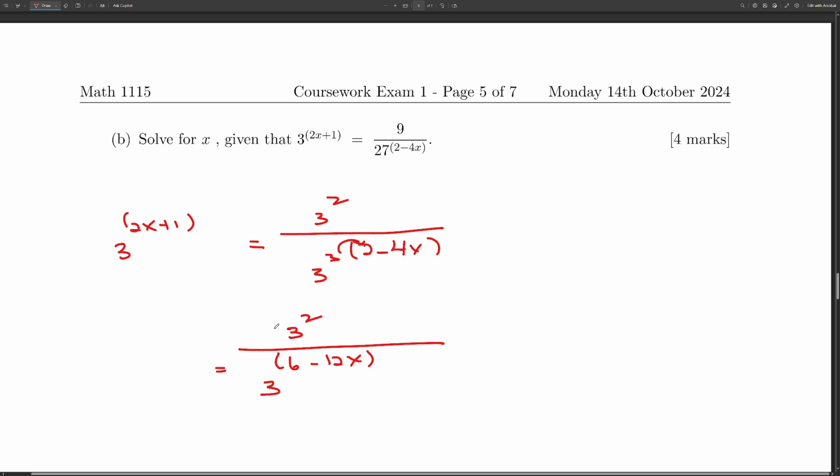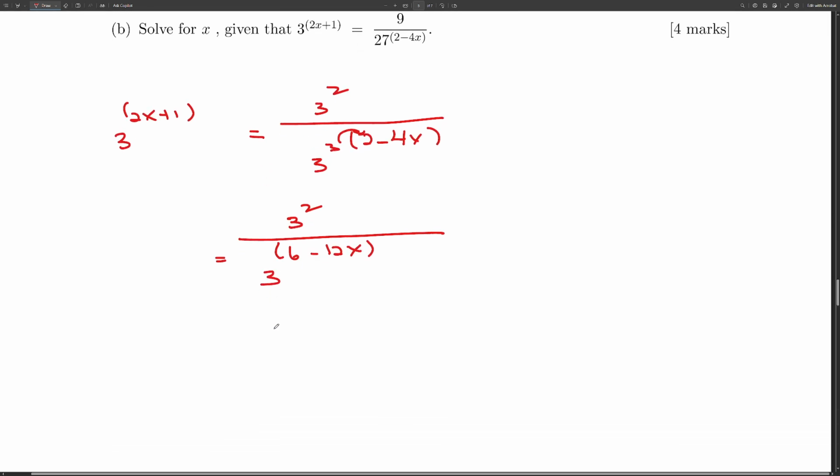Now, I can take this here in the denominator and bring it on the numerator, bring it on top. When I do that, this becomes negative. So it's 3 squared, this 3 squared is still here, multiplied by 3 to the power, and I have to put a negative sign here into 6 minus 12x.